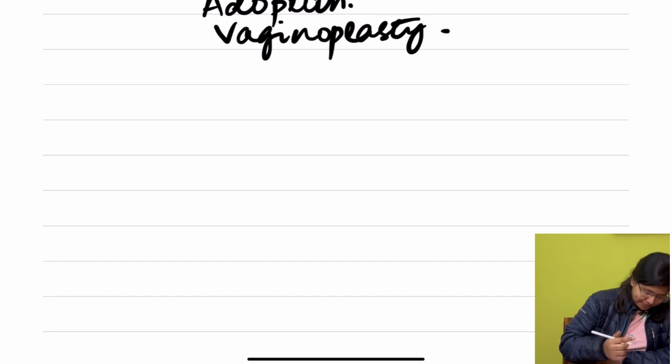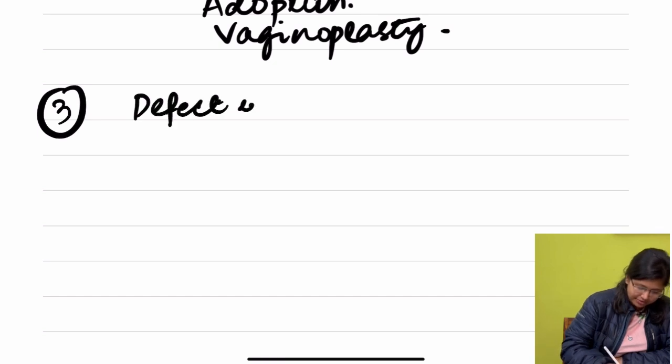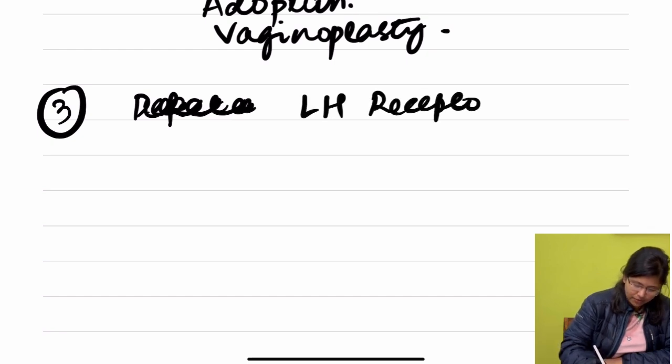So coming to the next and the last, which is a defect in androgen function, and this is called LH receptor defect.